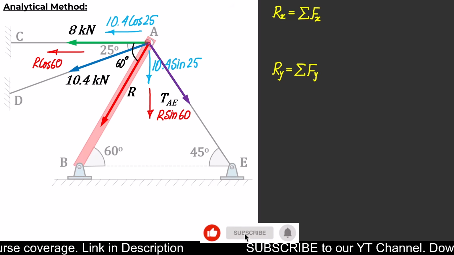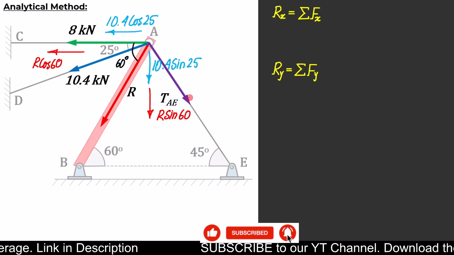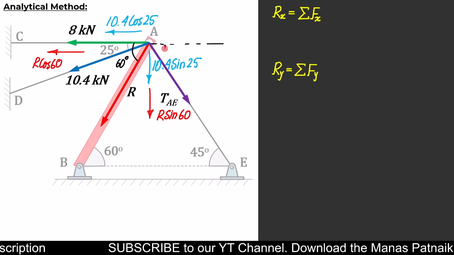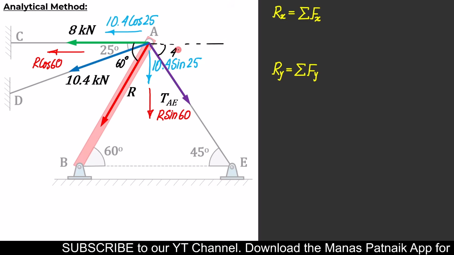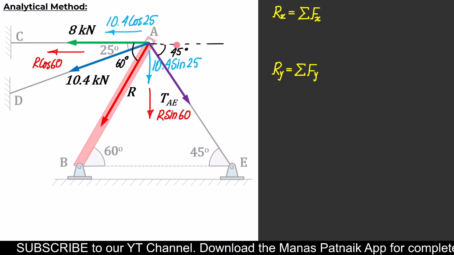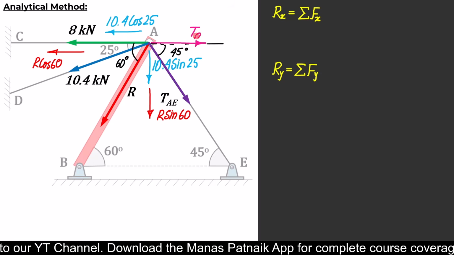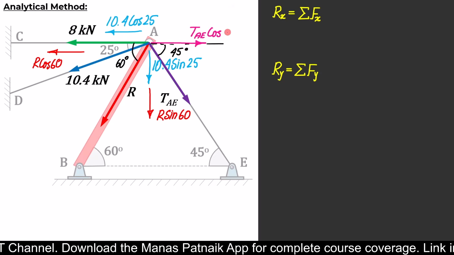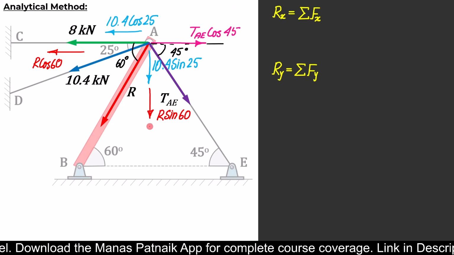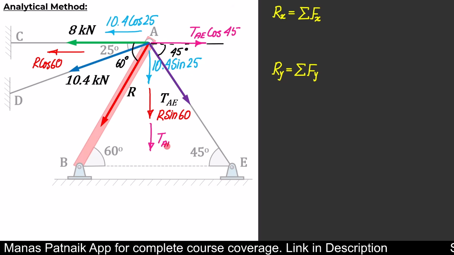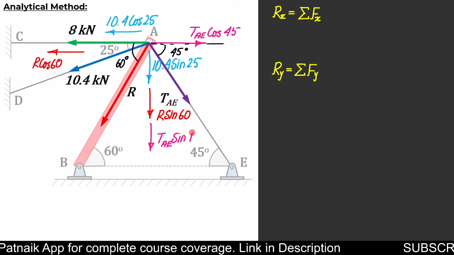And the third one, this TAE, again can be resolved into X and Y. This angle over here is 45 degrees. So this over here is going to be TAE cos 45, and in this direction the component is TAE sine 45.